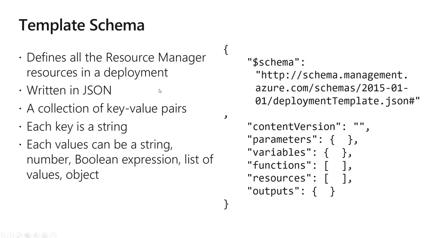So we're going to introduce the template schema. There's a sample here, right? It's a JSON file, but it's not using the JSON language, just so you know. You see all those elements here; some are required when you deploy. The schema is required, and the content version, like 1.0.0.0, things like that.